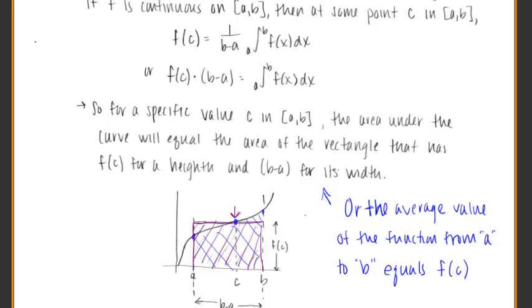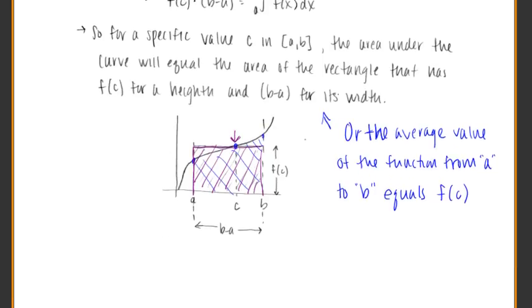And if you look up in the formula, remember that this last part right here was the formula that we used at the very end of the last section, 5.3, on how to find the average value of the function from A to B. So what this is saying is the whole average value of the function from A to B can be equaled to just plugging C into your main function. There's some very special point C that, when I plug it in there, equals the average value of the whole entire function from A to B. Very, very special and important tool.